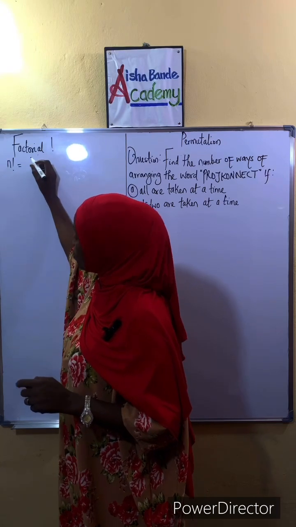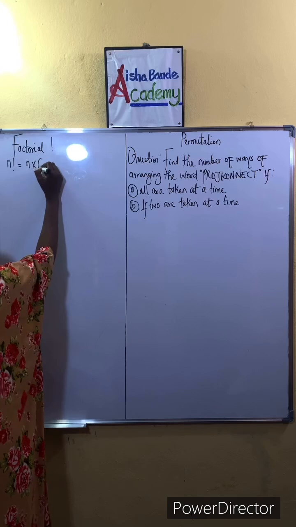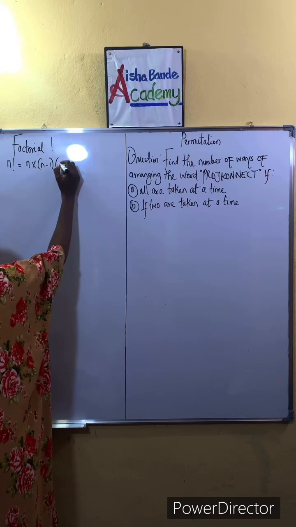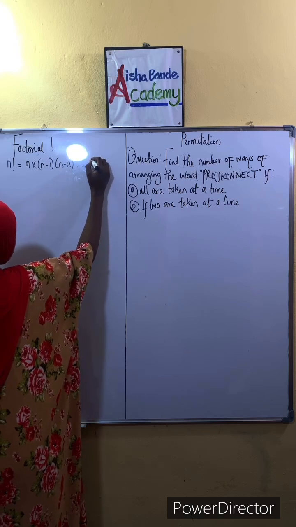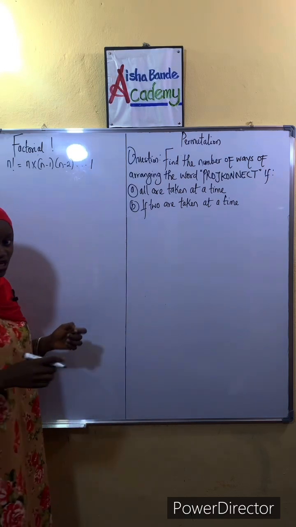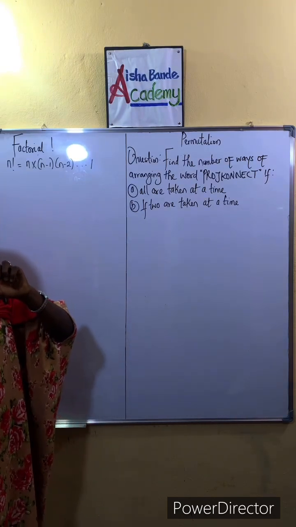The formula we use to solve any problem is n times (n minus 1) multiplied by (n minus 2) multiplied by dot dot dot, till we get to 1. This is the relation for the factorial of any number n.